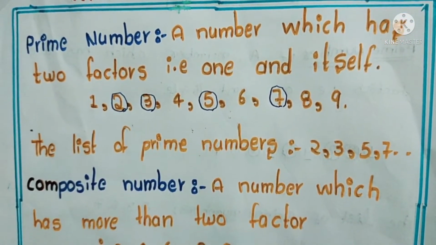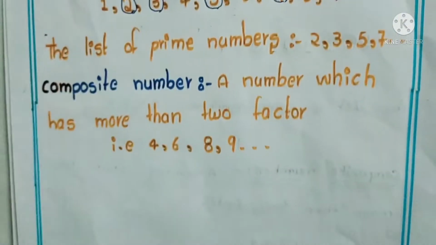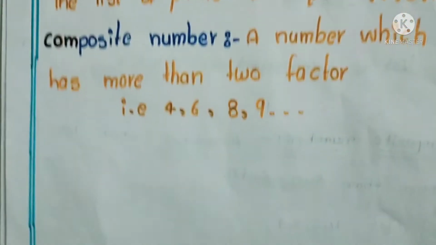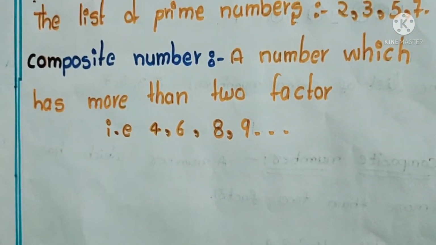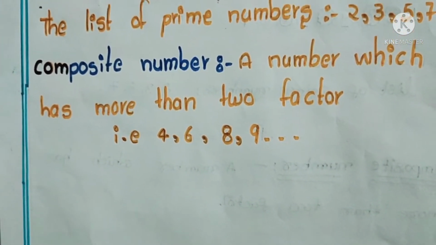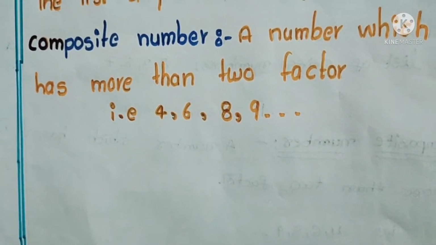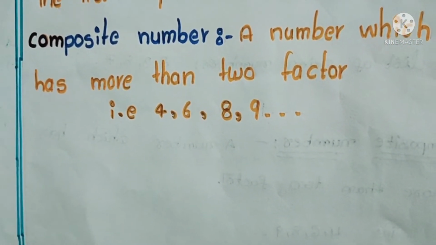Composite numbers: a number which has more than two factors. That is 4, 6, 8, 9.